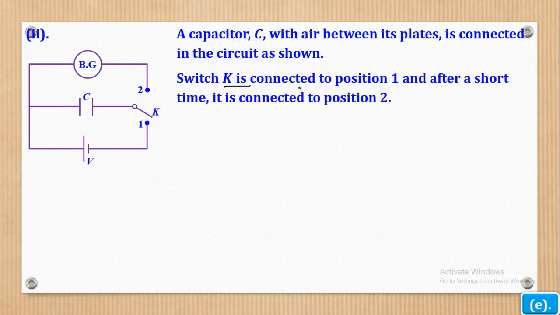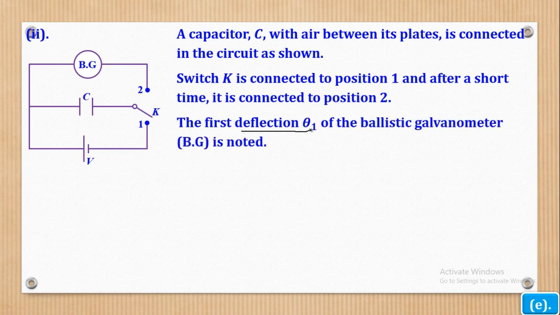Switch K is connected to position 1, and after a short time it is connected to position 2. So if I close the switch K to position 1, that means this capacitor will be charging. Then after you connect it to position 2, the capacitor will be discharging through the ballistic galvanometer.